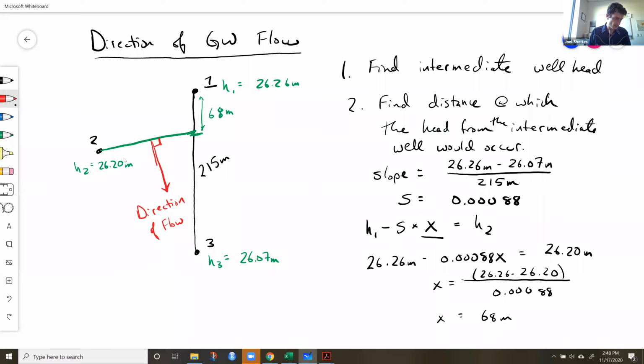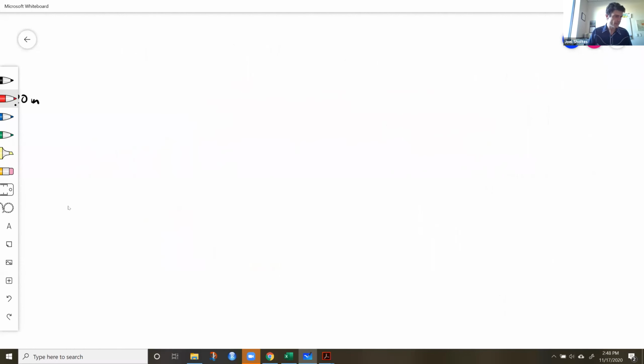All right, so that is groundwater flow. Let's look at a quick Darcy's law problem. So this is going to be based on two wells. We've got a sloping ground.